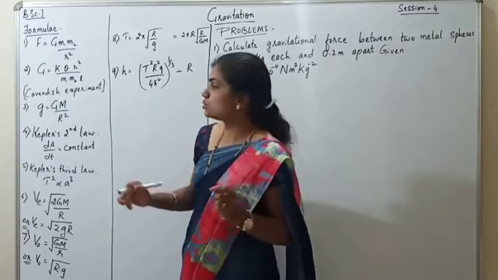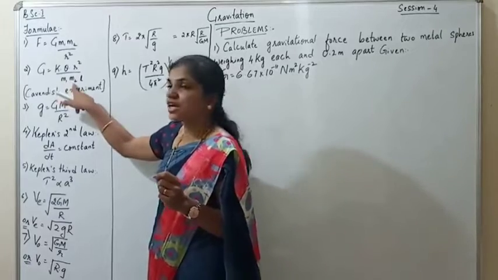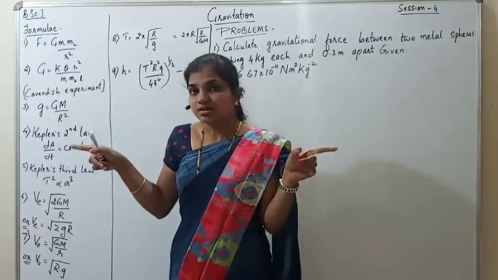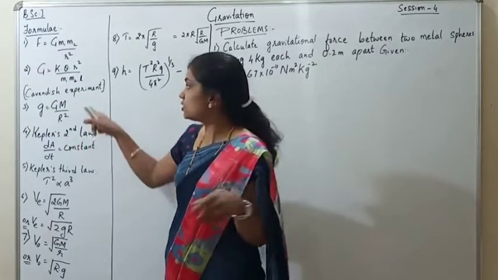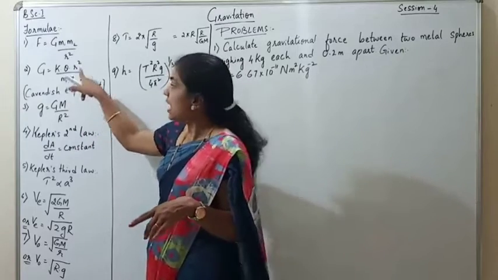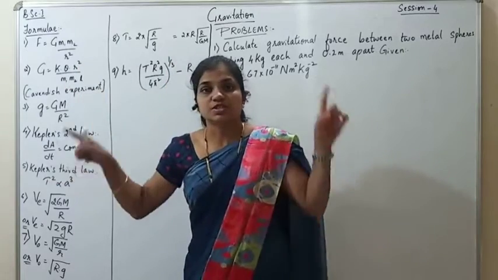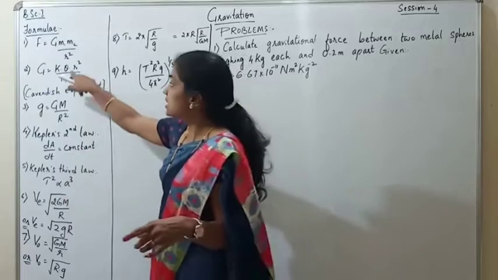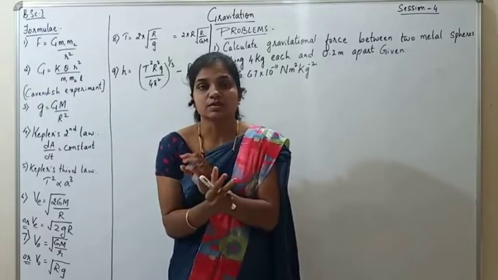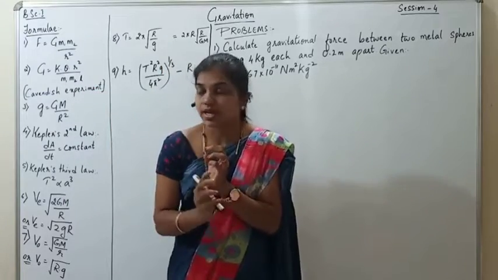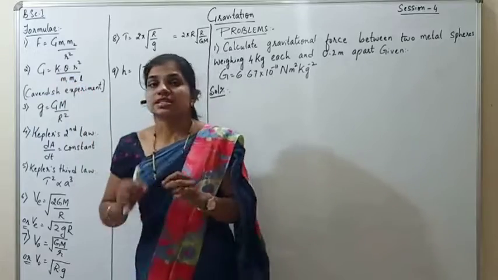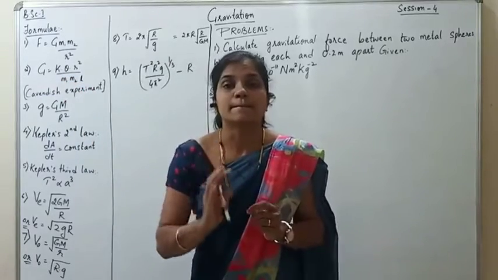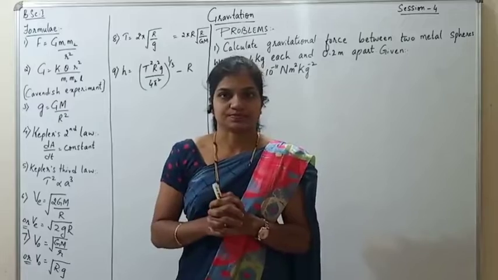The masses of the two metal spheres are m1 and m2. The length of the rod is given by L, and r is the distance between the two metal spheres. Theta is the angle with which the two metal spheres rotate, and K is the restoring couple per unit twist.